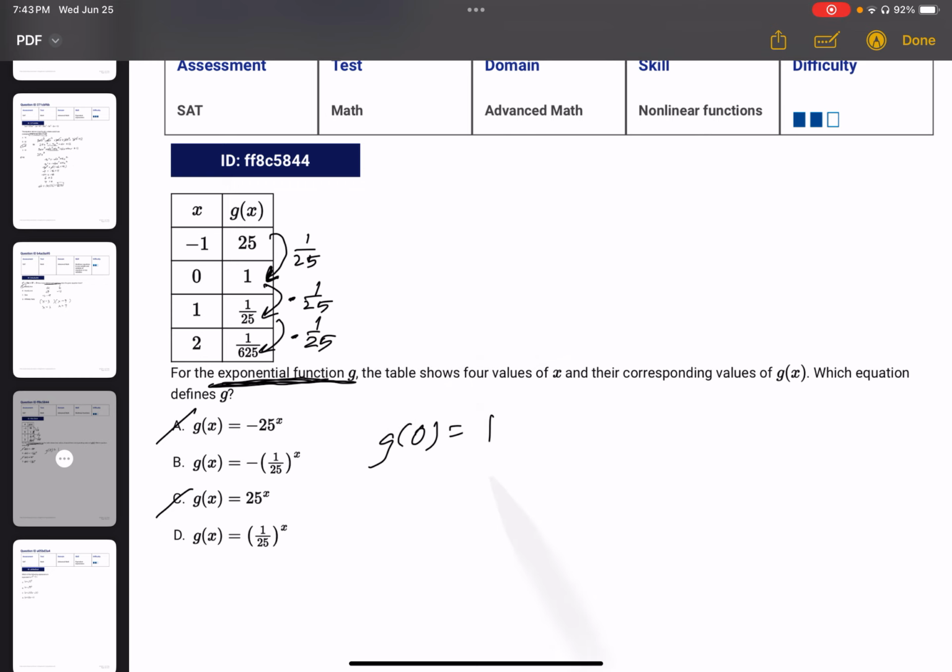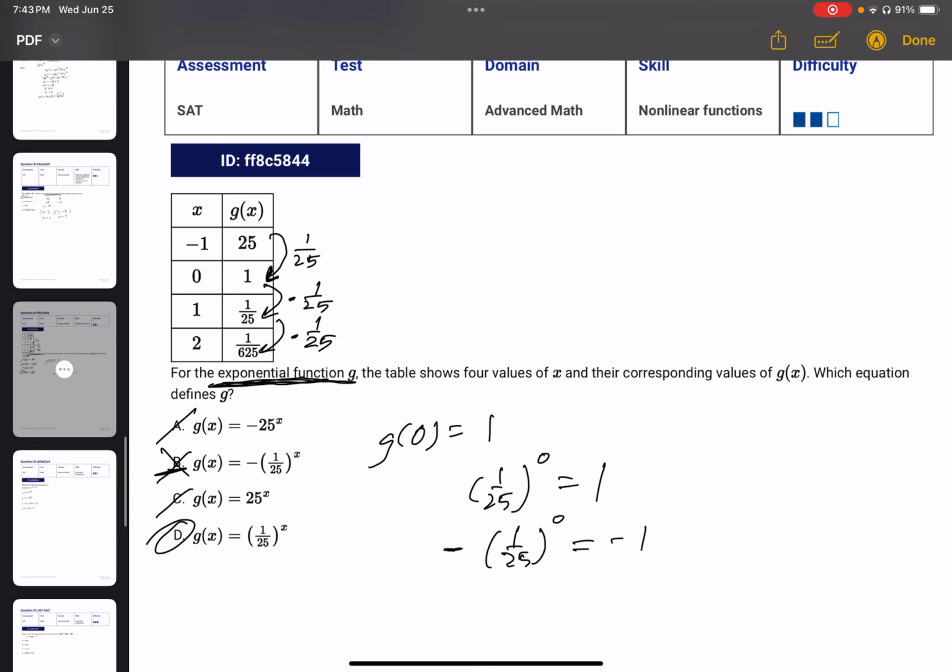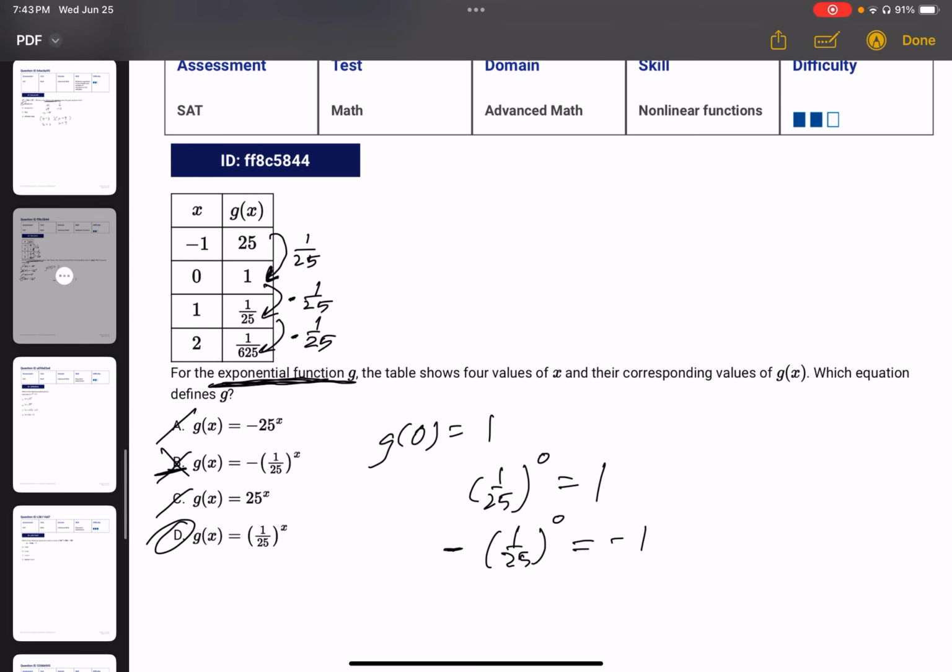So therefore, if we plug in 1 over 25 to the 0, we'll get 1, and that gives us our answer D. If you were going to do the same for B, 1 over 25 to the 0, but it's a negative, you get negative 1. So that's not going to work for B. So if you can't construct the equation from scratch, look at your answers, let them guide you. So that's your answer for this question.